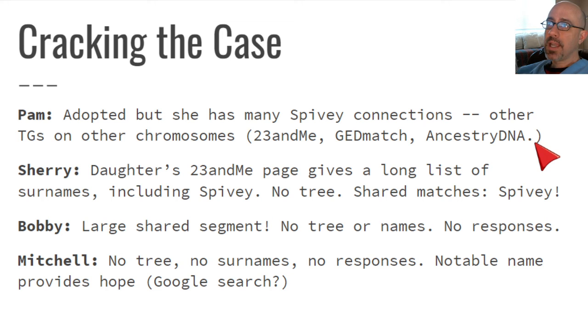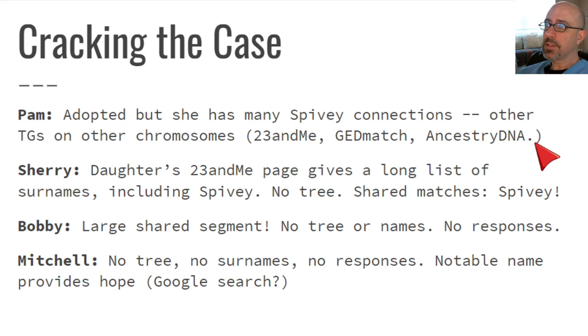To crack this case, I'm going to give a quick overview and then go into some details on each one of these people. Pam is an adoptee. Despite this, we could see very clearly that she had a lot of Spivey connections, so that was a really nice clue. Sherry didn't have a family tree available, but she did list some surnames on her 23andMe.